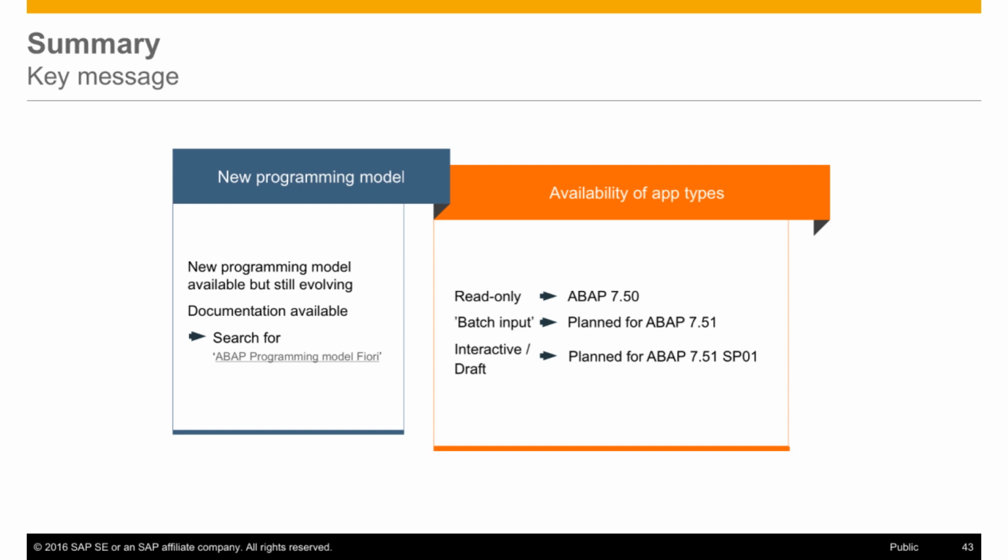So of course, disclaimer here, it's not guaranteed, but that's our plan that we will have it with SP1. So I think 751 SP0, so the release shall be available within the next days, or is already available, I'm not sure about that, and SP1 beginning of next year, probably.